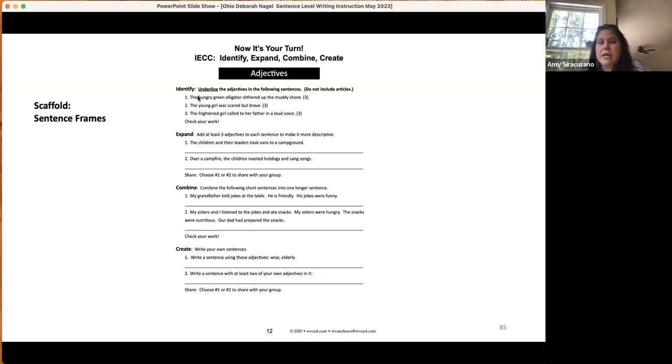So he's got 3 sentences here where they identify the adjectives and he gives them the number of adjectives in the sentence. So there's no guessing. He gives them 2 expansion sentences, 2 combining activities, and then 2 write your own activities. So this is an example for adjectives.